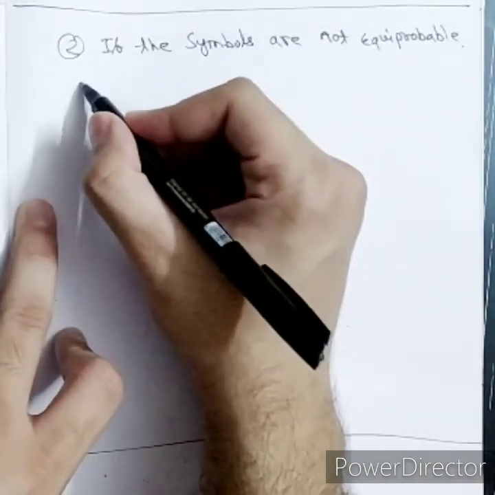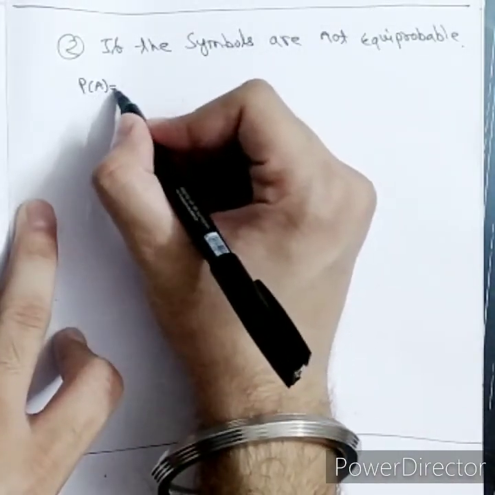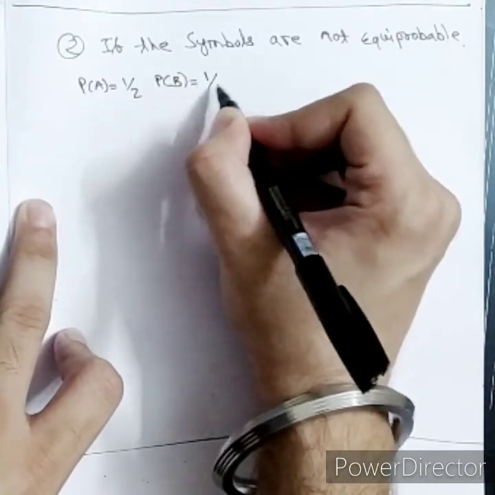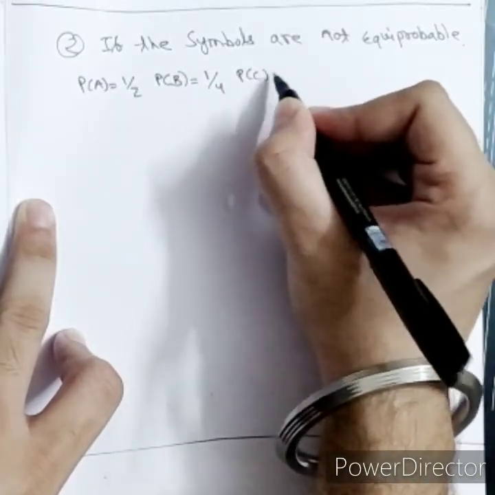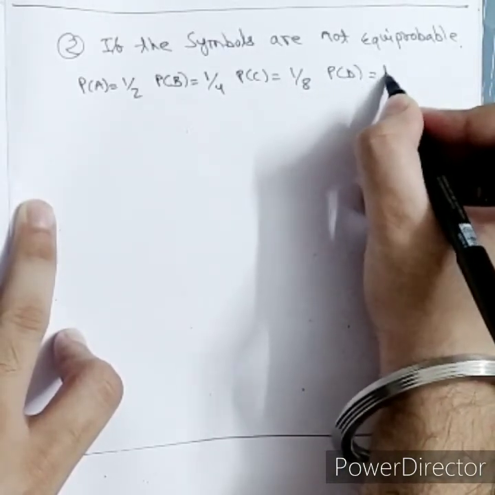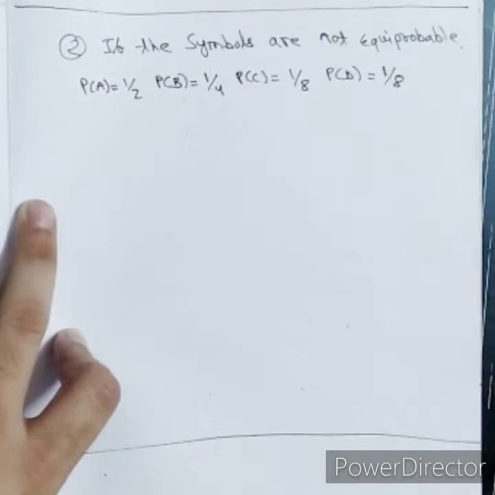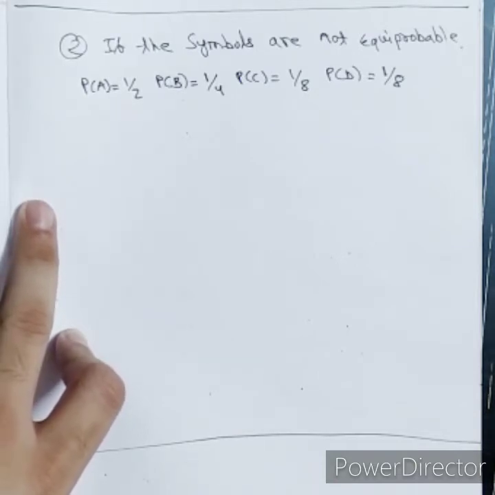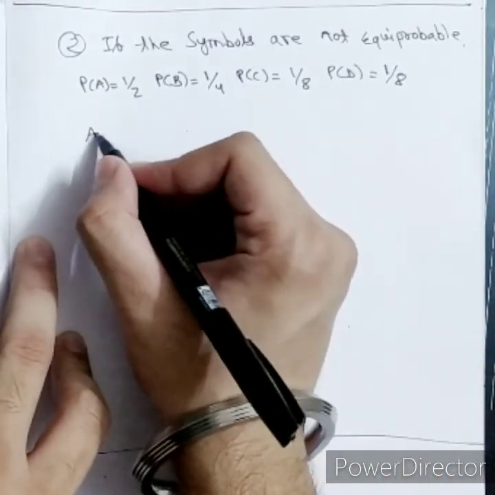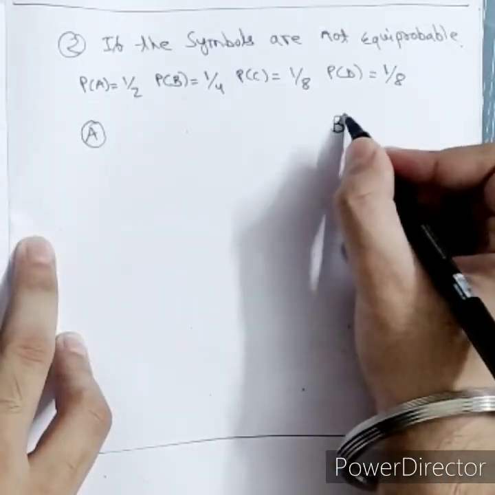Let's take probability of A as 1/2, probability of B as 1/4, probability of C as 1/8, probability of D as 1/8. So here the symbols are non-equiprobable, and these are the probabilities which I have taken. Here also I will divide it in two parts. Let's take A, and let's take B.